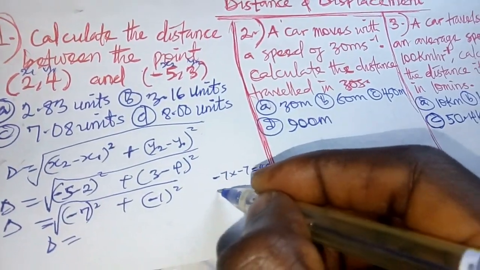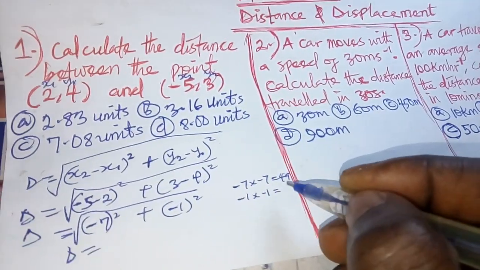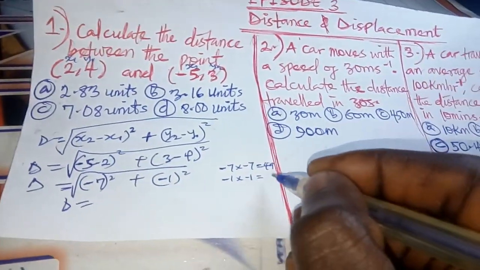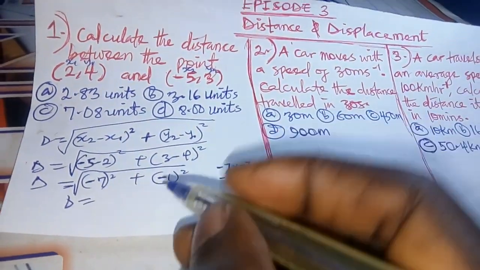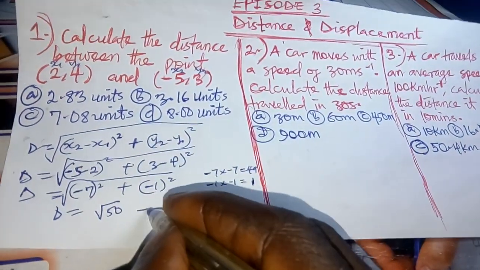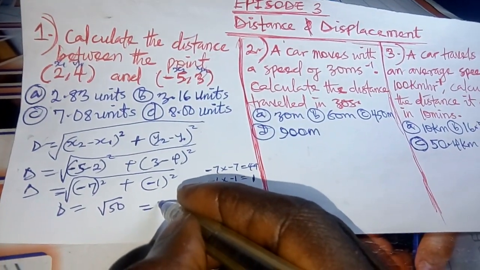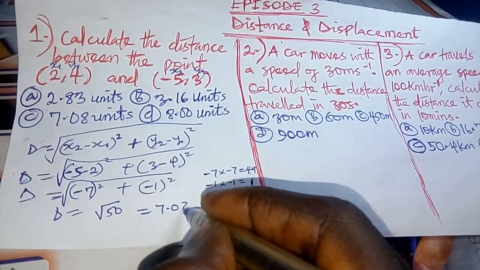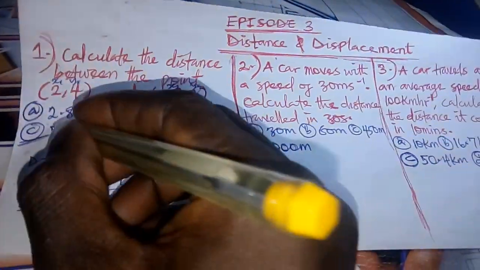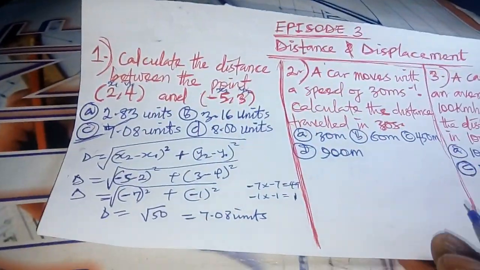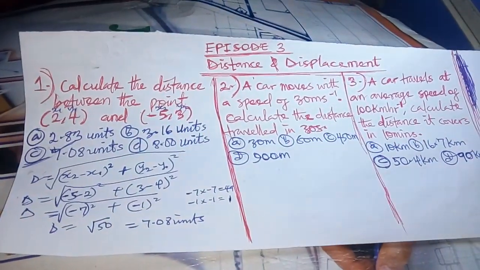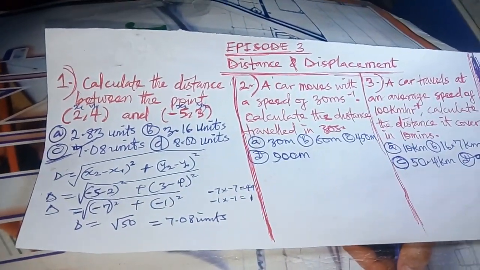And -1 squared is also -1 times -1, minus times minus is also plus, and 1 times 1 is 1. So 49 plus 1 is 50. So altogether we have the square root of 50, which will give us 7.08 units. That is option C. If you watch the previous video I posted on distance and displacement, you should be able to understand this better.